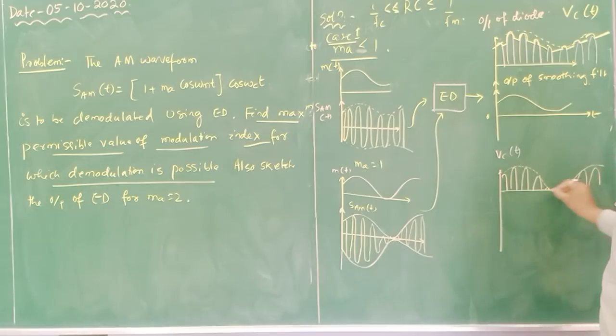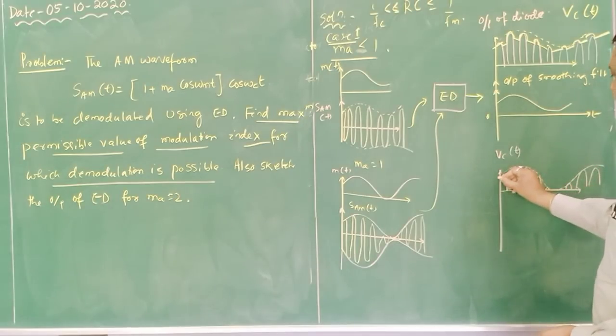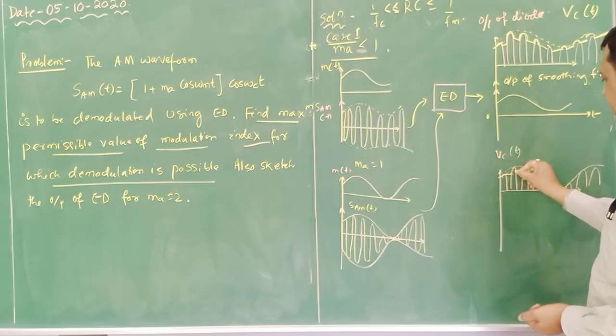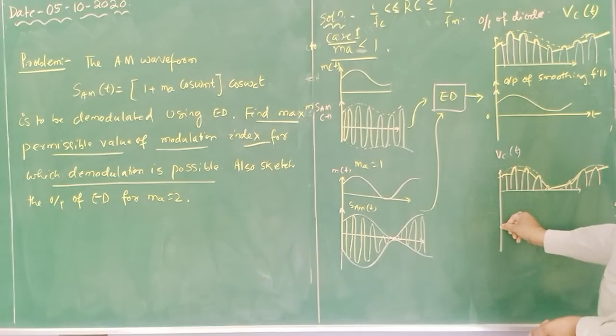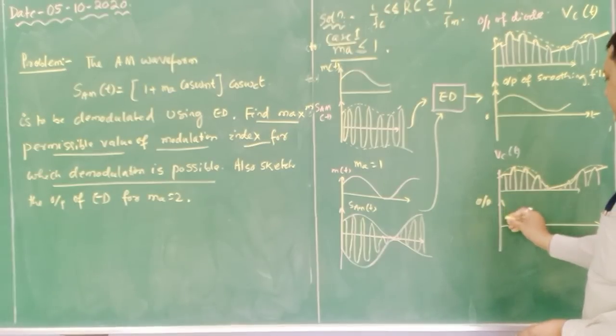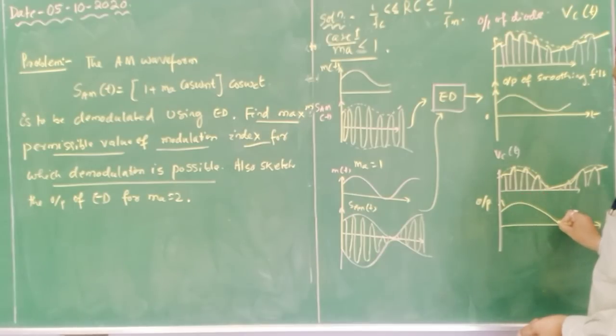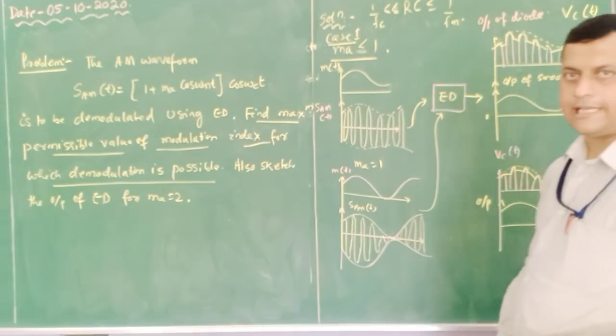This is capacitor charging, then discharging, charging, then discharging, and so on. So what will be the output of the smoothing filter? The output of the smoothing filter will look like this, which is quite similar to your modulating signal.